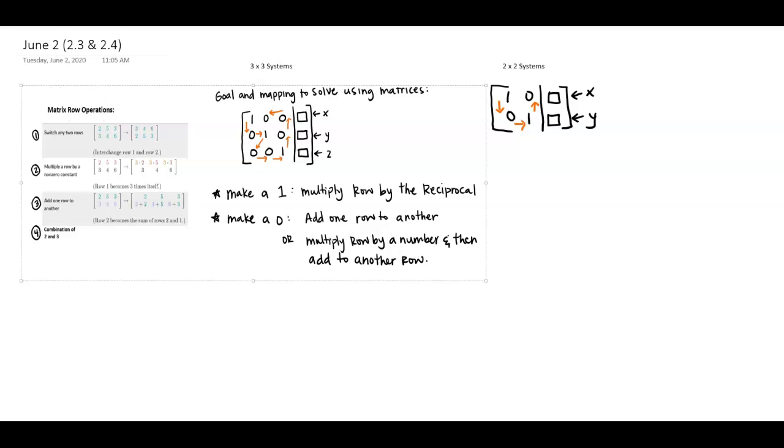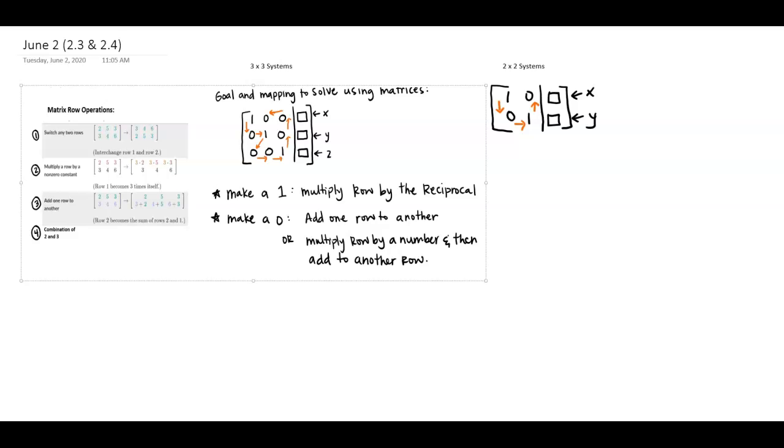And so you can always get a 1 by multiplying by the reciprocal. Okay, and that's another thing that's not really said very well, I think, on some of the videos. And then to make a 0, more often than not, this isn't an absolute, but I'd say 90% of the time, you'll either add one row to another row, or you have to multiply that row by a number and then add it to the other one to make the 0.